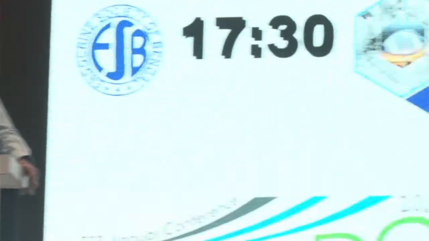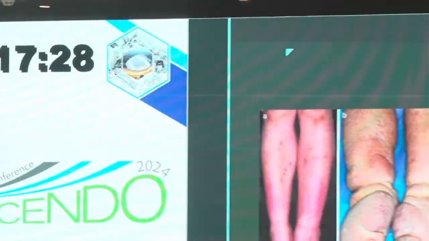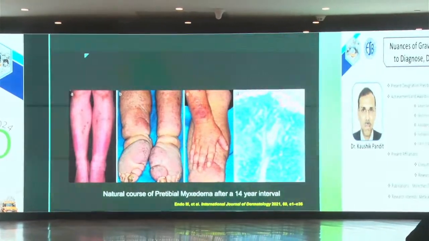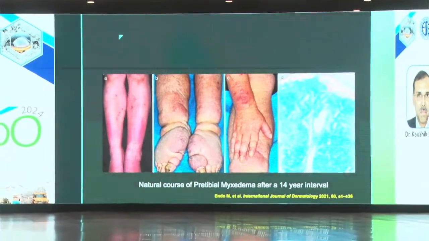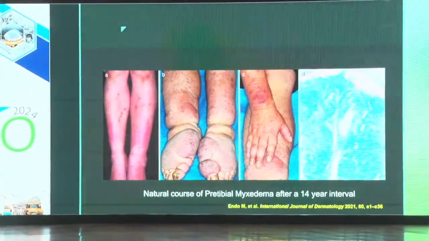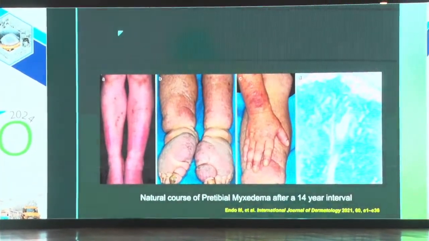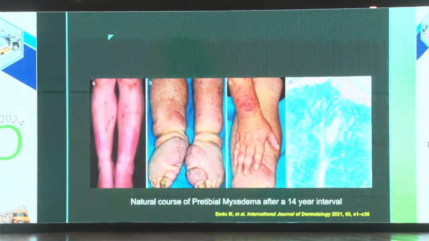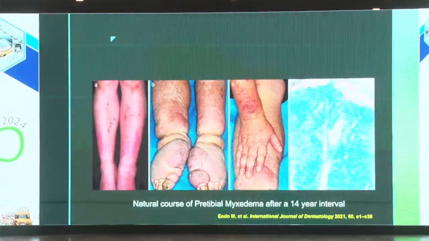So this dermopathy or pretibial myxedema, as we know, is not that common, and it is easy to diagnose, but very difficult to treat. In a published study, the natural course of pretibial myxedema showed that it started only with a small reddish plaque and then gradually evolved to an elephantiasis later on.